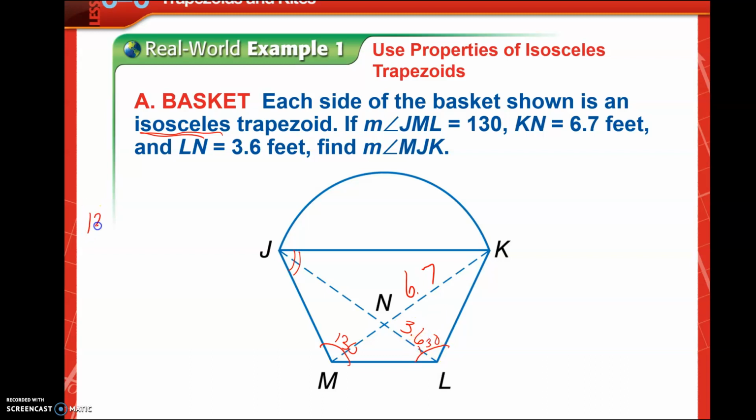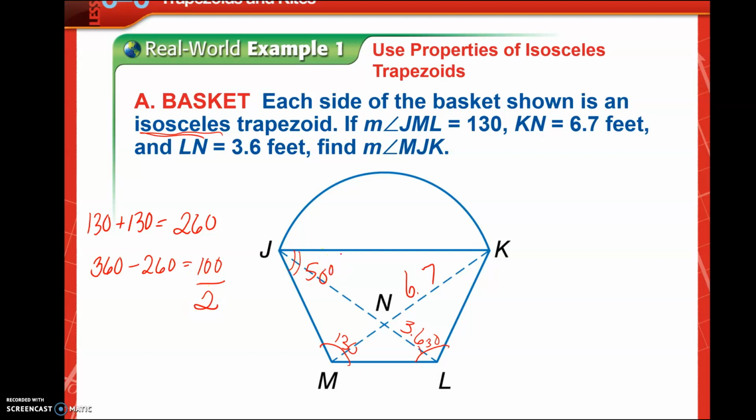So I can do 130 plus 130 to figure out these two angles, so 260. And I know all the angles in a quadrilateral add up to 360. So if I do 360 minus 260, I get 100. And 100 divided in half are J and K. So J and K together equal 100, and they're equal. So if I divide that by 2, that gives me 50.